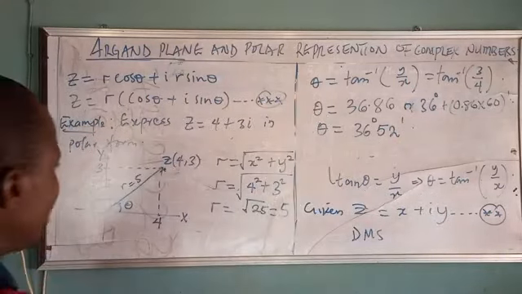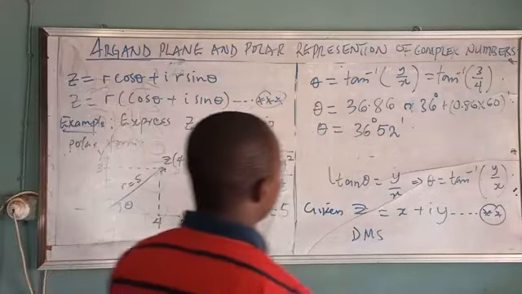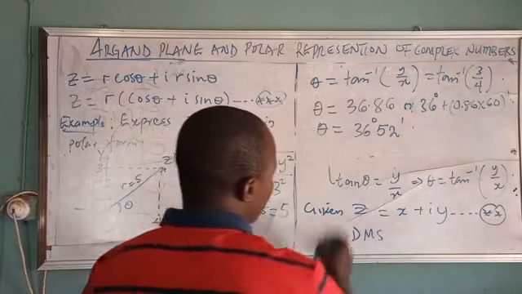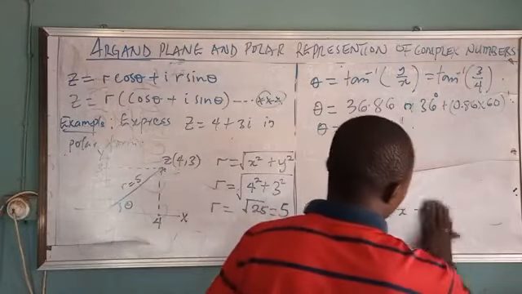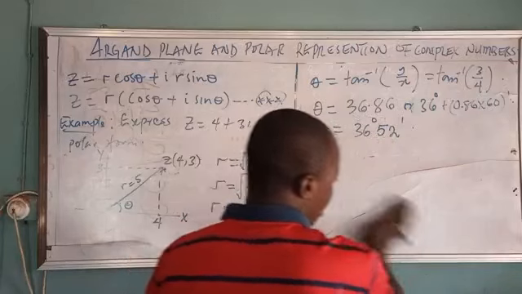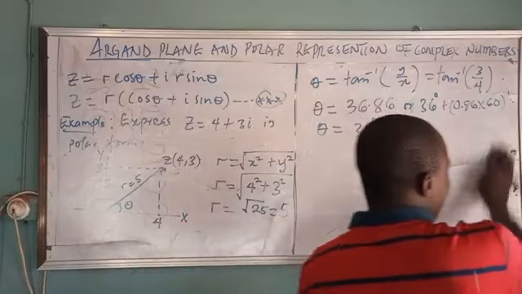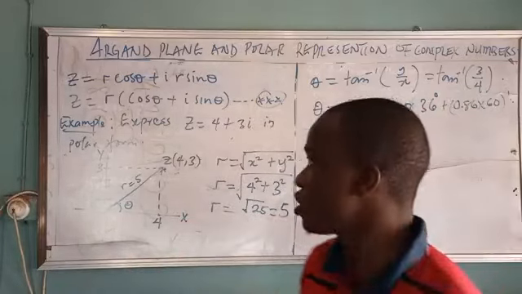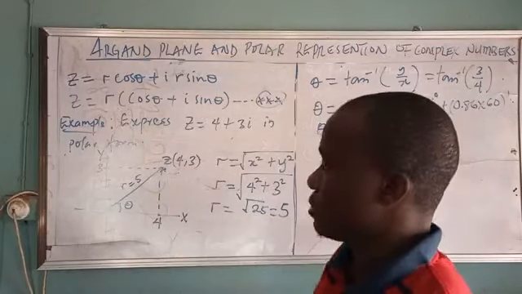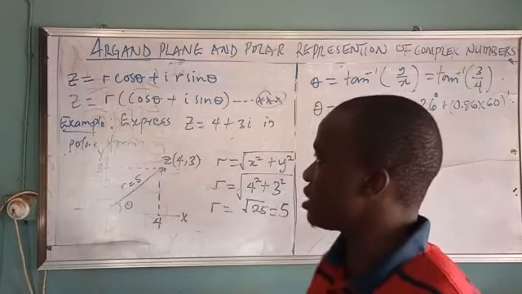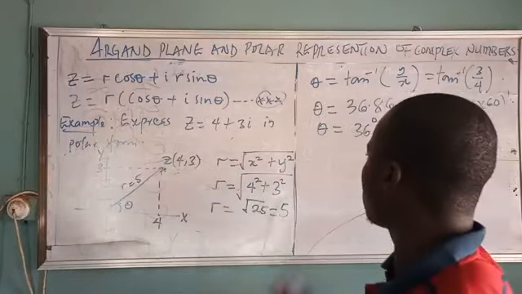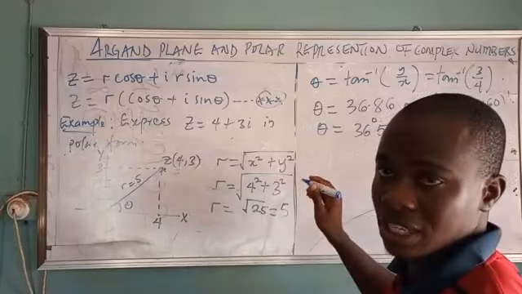So now you've already gotten your r to be 5 and your theta to be this. So what's the next thing to do? The next thing to do is just to plug them into the form of representing z, in our polar form. Are you getting what I'm saying now?